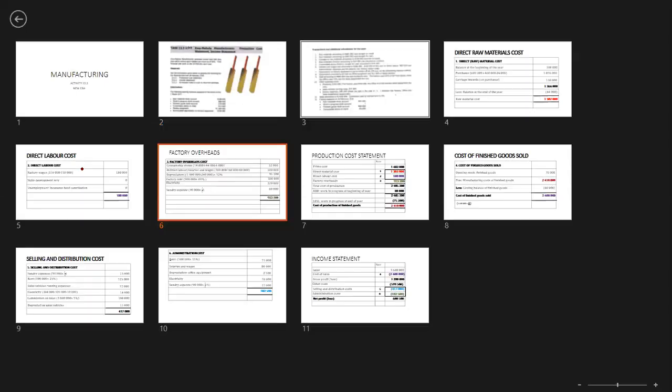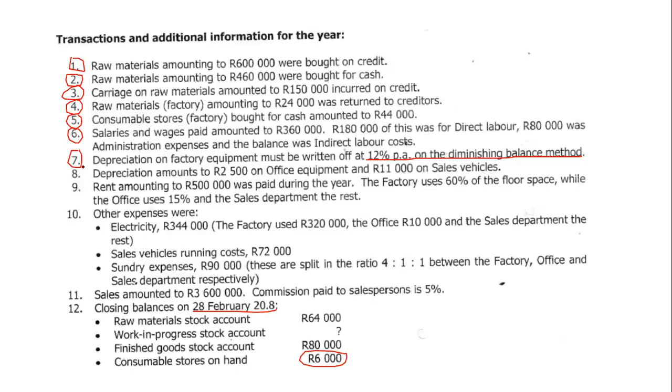Let's go back to the same question again. Number 8, what do we do there? The 2,500 will be put in admin as depreciation, correct, and the 11,000 will be put in selling and distribution as depreciation.